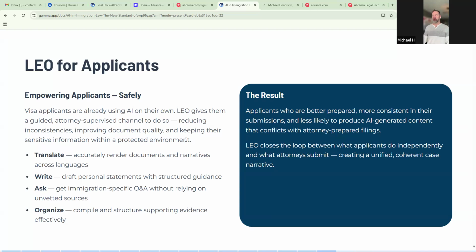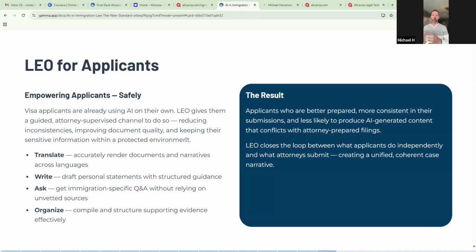So applicants who are better prepared, more consistent in their submissions, and less likely to produce AI-generated content that conflicts with attorney-prepared filings. Because you're using the same system, then you're creating things that don't sound like AI. They sound like you. That's one of the specific directives: use the tone of the writer, right? And that way, asking you, what kind of tone do you want to make this?